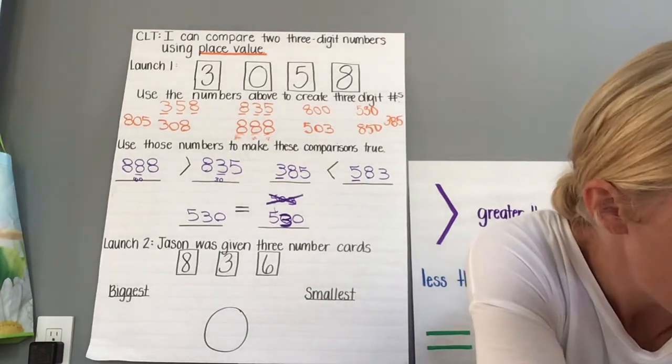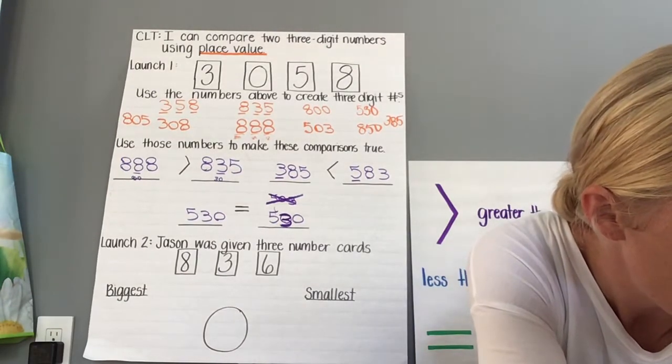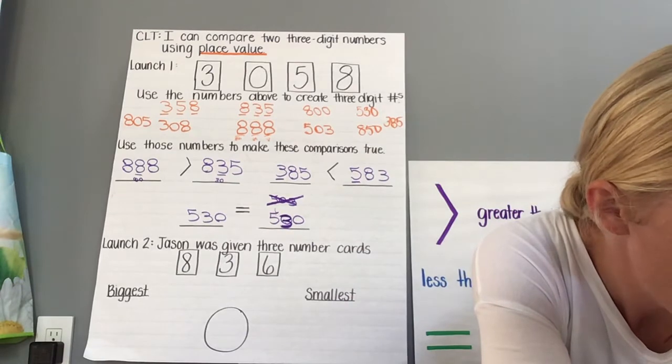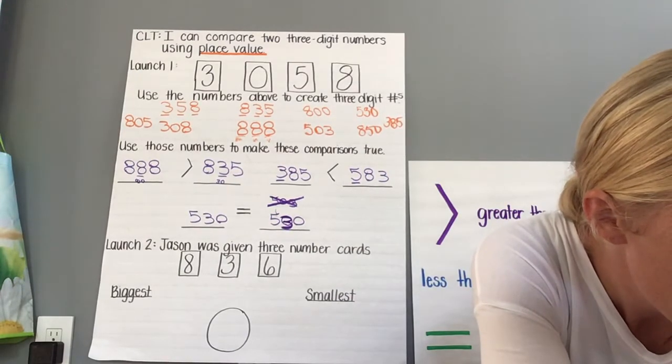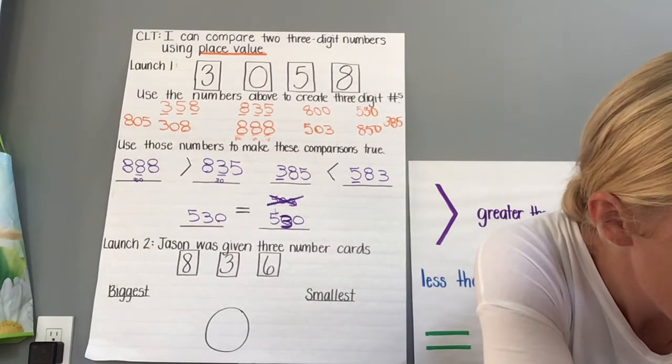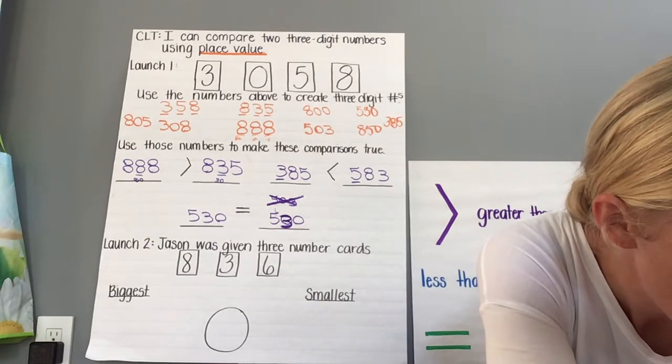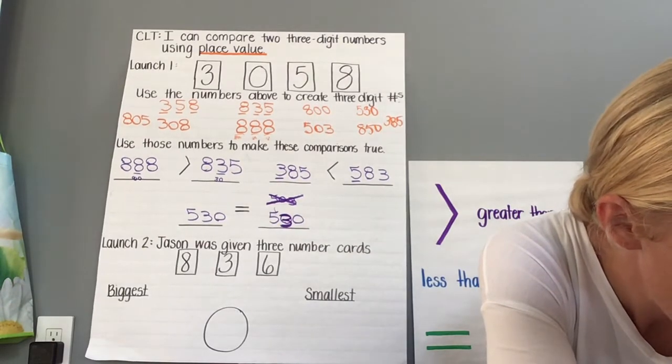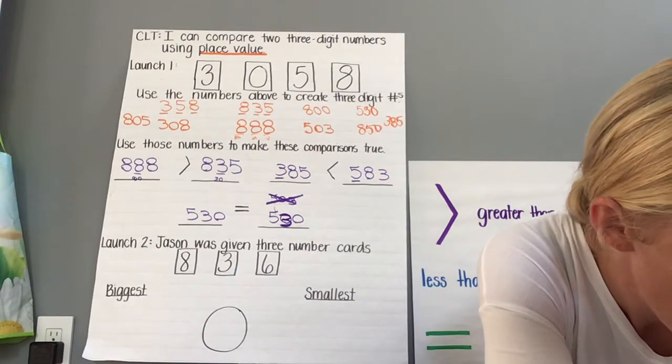Why do you think this is the biggest number? Okay, you have the 8 in the 100 spot. So you have 836. Is there any number that you could write that's bigger than that?